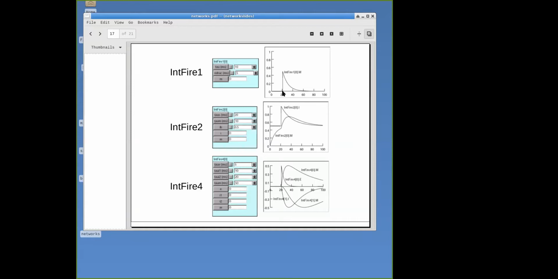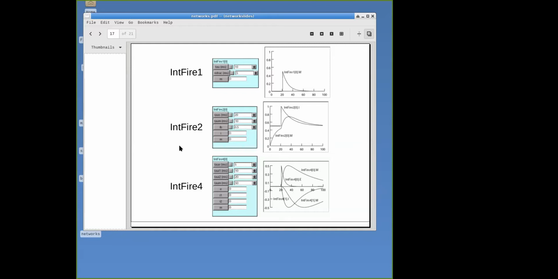Well, actually, there's a latency of 1 millisecond. So M jumps up at time t equals 21 milliseconds up to 0.5, and then this decays mono-exponentially towards 0.